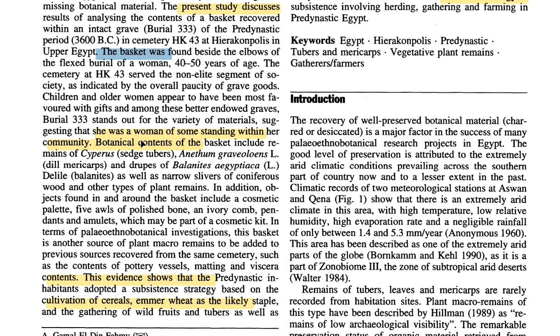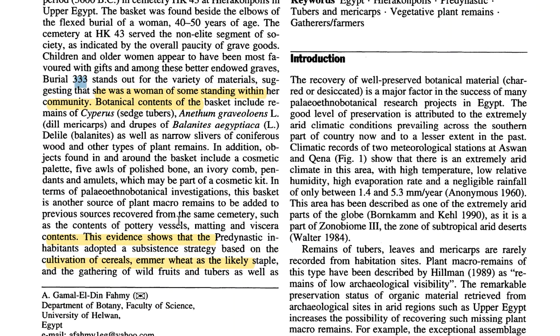It says down below, and I've highlighted this, burial 33 is important because it's a woman. And based on the amount of materials found in her gravesite, she might have had some standing with her community. If you read through the article, it talks about she may have some standing, if not with her community, then certainly with her family. And if you go down to the bottom, they've looked at what is in this particular basket.